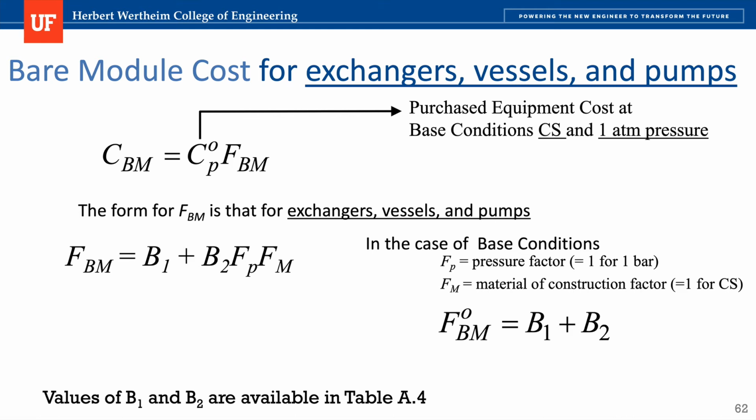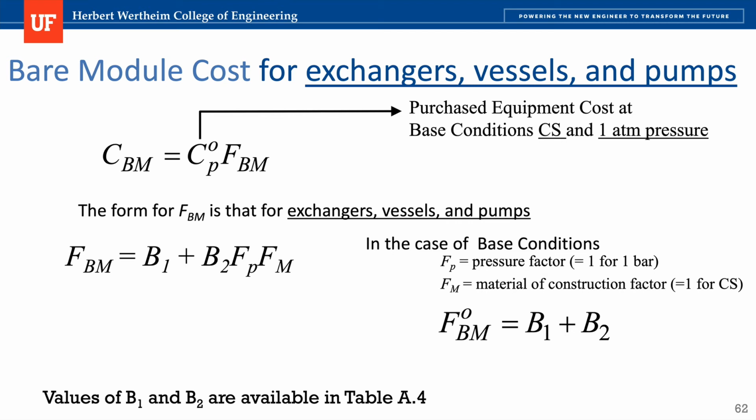And if we are using carbon steel, we can assume that FM equals 1. That means that the bare module factor equals the constants B1 plus B2 that depend on the type of equipment. We're dealing with a heat exchanger, vessel, or pump, and within those there are different types that we're going to see on the table. So we need to identify what equipment we're dealing with.